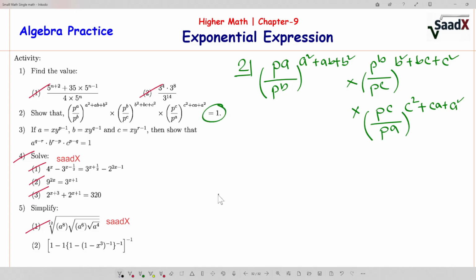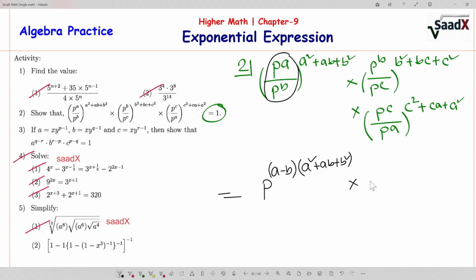So we should solve this one step by step. This is the exponential law of division. We can write p to the power a minus b, right? Because bases are the same, in division the power will be subtracted, and times a square plus ab plus b square.